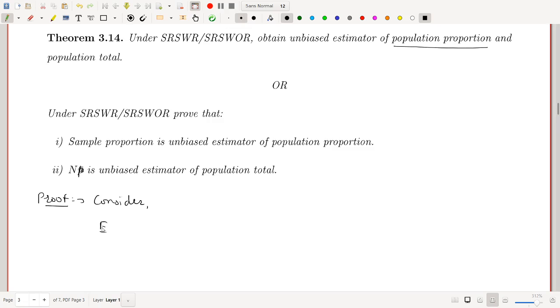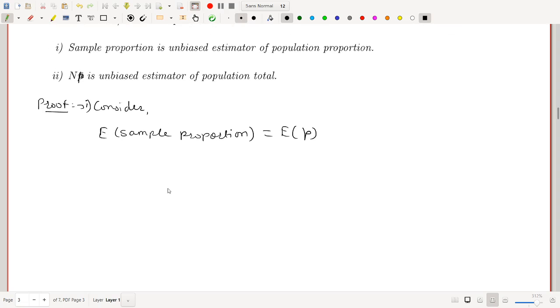Expected value of sample proportion, that is, expected value of small p. This is equal to, now small p is actually small a by small n.